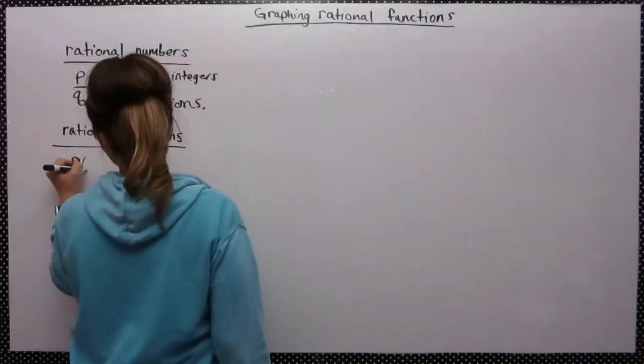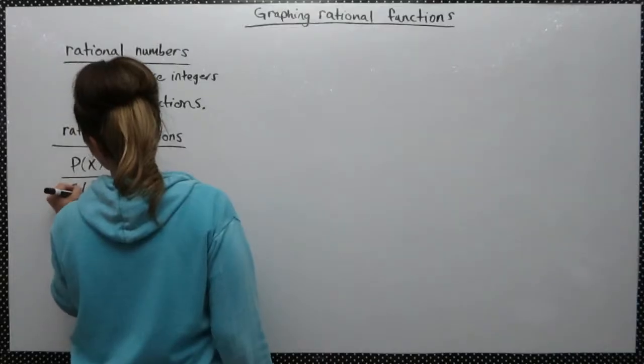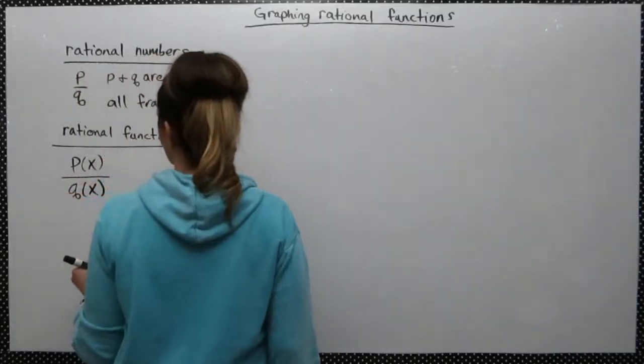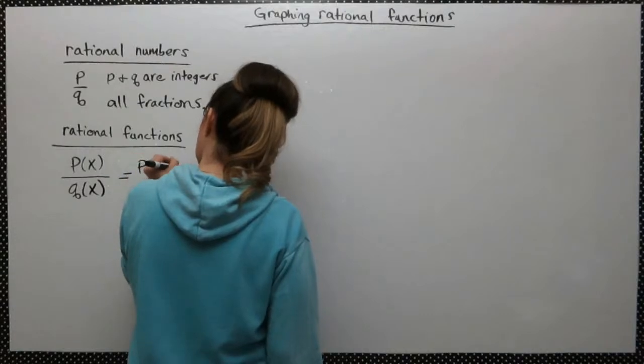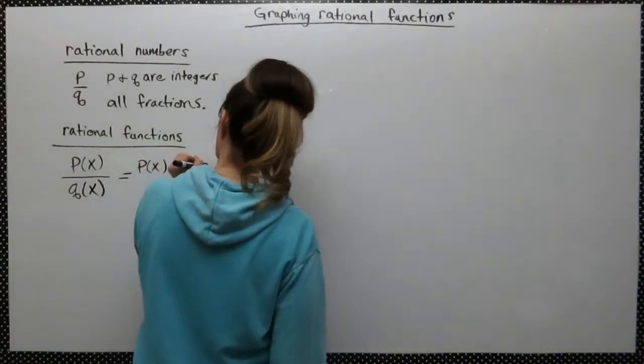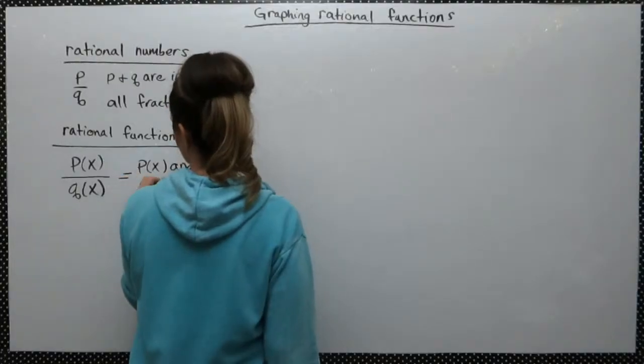So we have P of X over Q of X, where P of X and Q of X are polynomials.